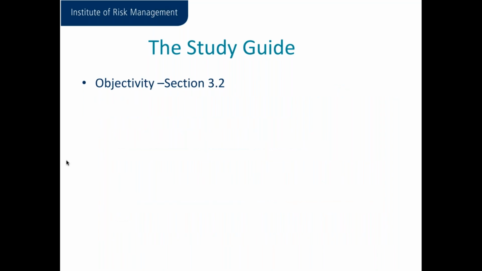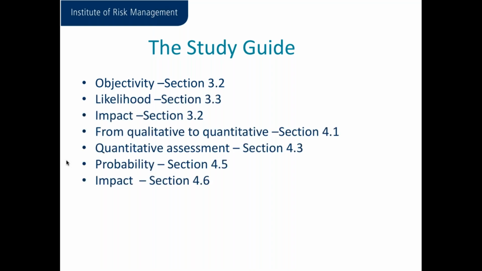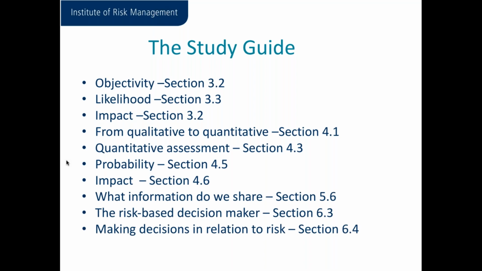So if we think back to what you have and how this all links together, going back to the beginning, we talked about objectivity. That's in section 3.2. There's the detailed section in that unit. But actually, we do look at different areas. So we talked about likelihood, and that's in section 3.3.